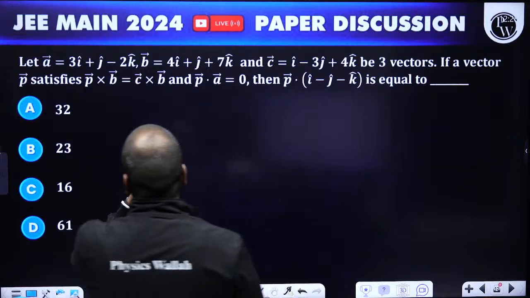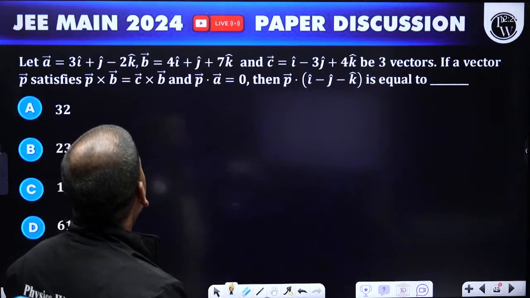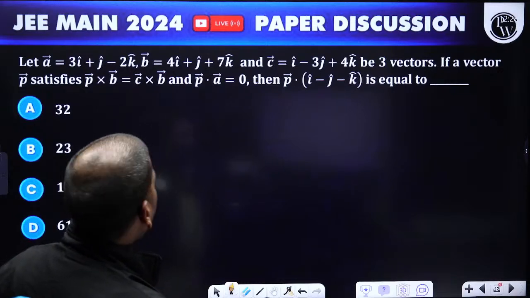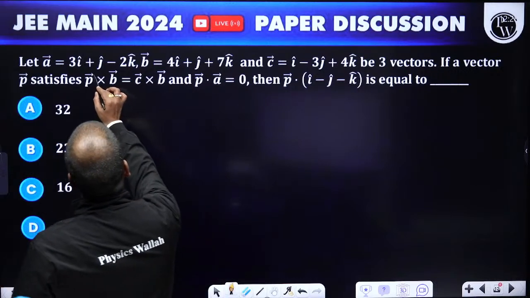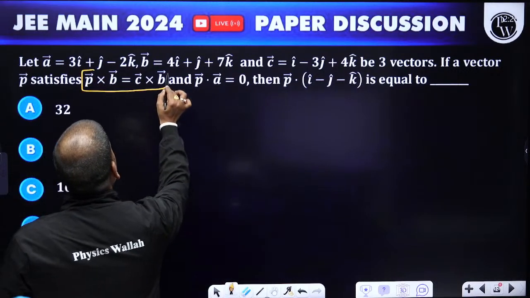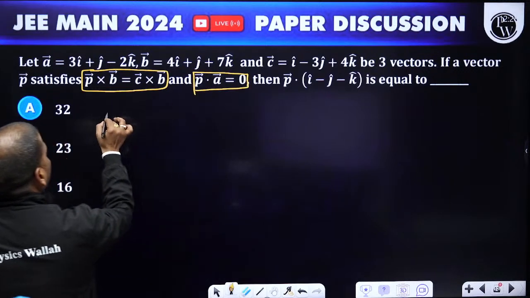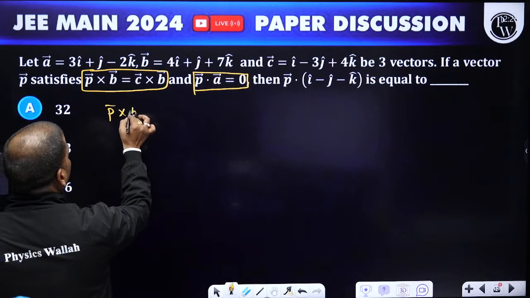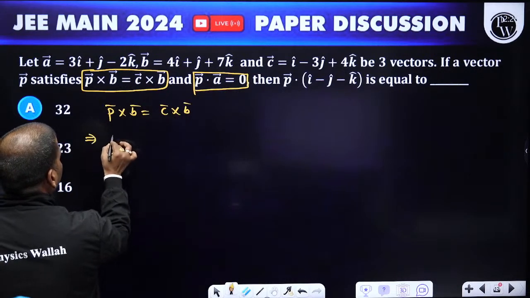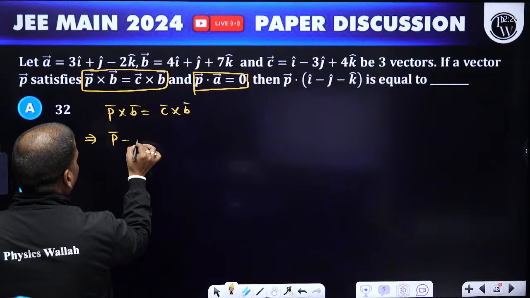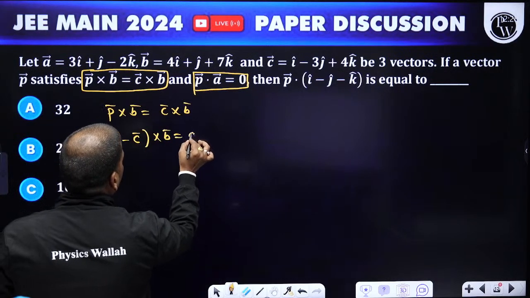Now again a question from our favorite chapter, vectors. A bar, B bar, C bar be 3 vectors. A vector P satisfies. So this is also a direct model, right? Many times we come across these models. So what is it? P cross B is equal to C cross B. What I could write here, P bar minus C bar cross B bar is equal to 0 bar.